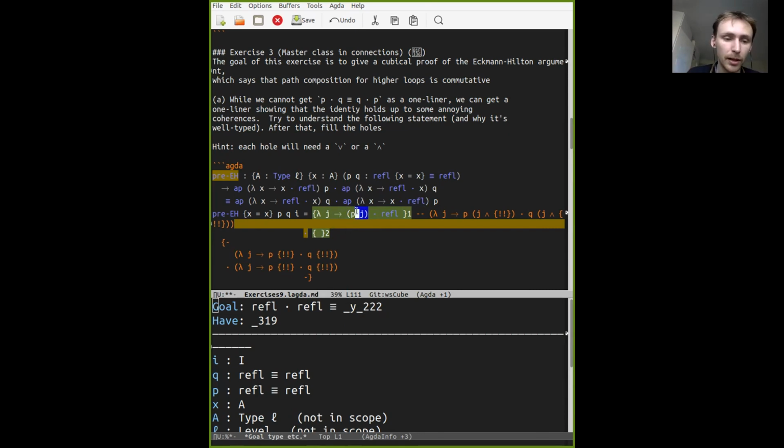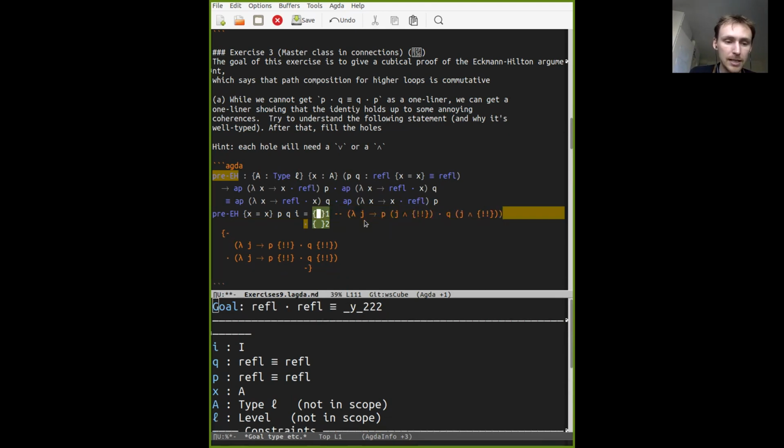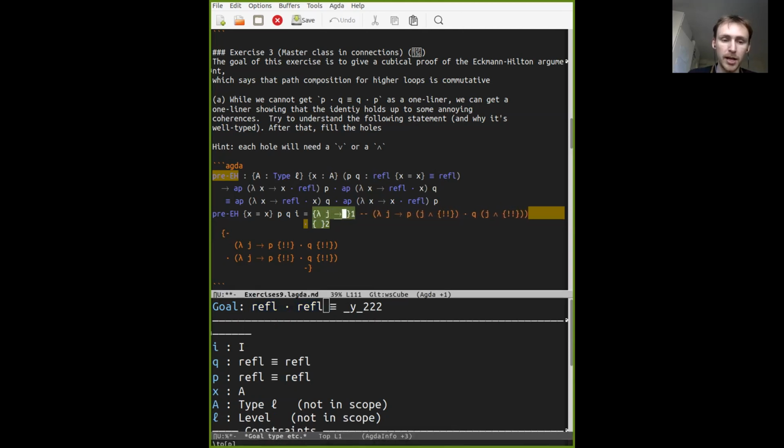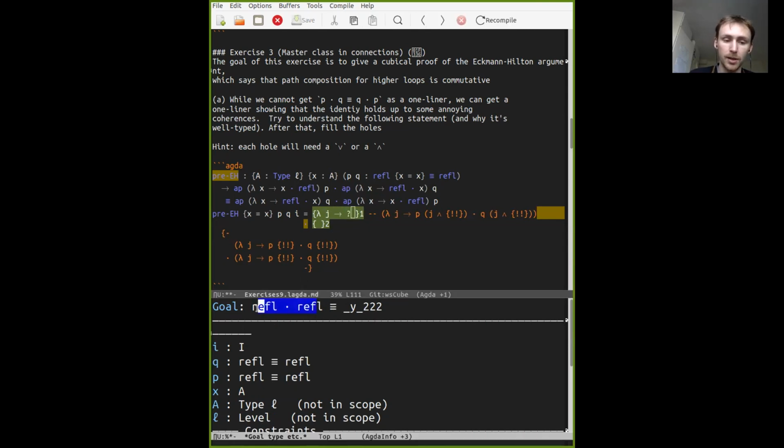But for this whole thing to be well typed, whatever we put in here, it has to be a path from refl composed with refl, right? So as soon as I introduce a j here and I restrict j to 0, the term I get here has to be refl composed with refl. Does that make sense?